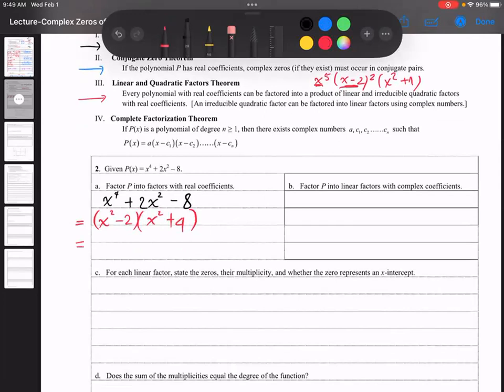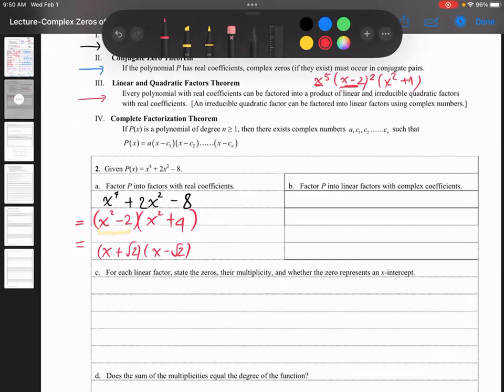I can expand x squared minus 2 into two more parentheses, which is x plus root 2, x minus root 2.